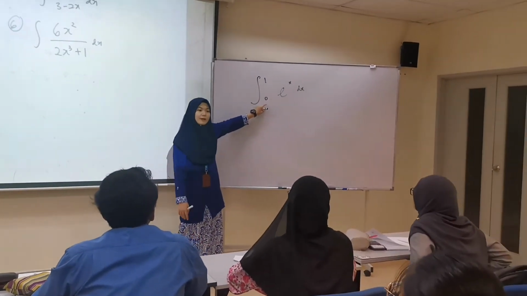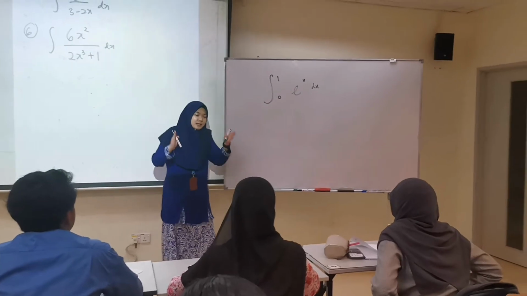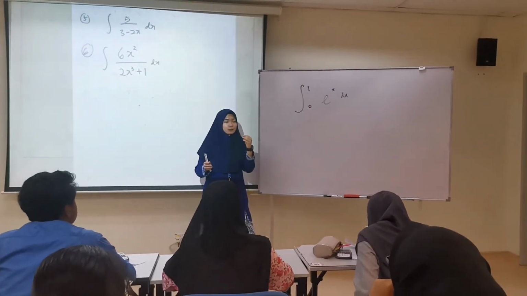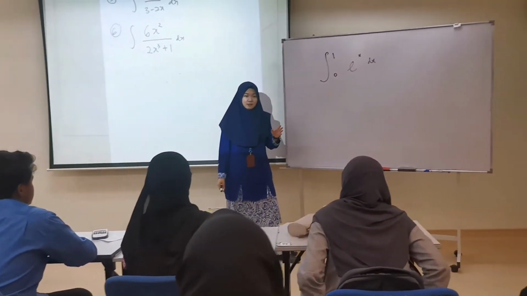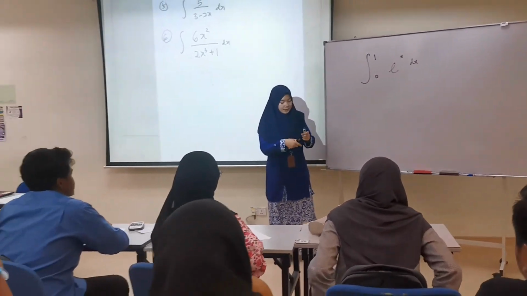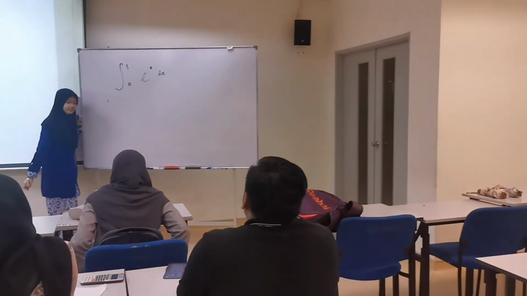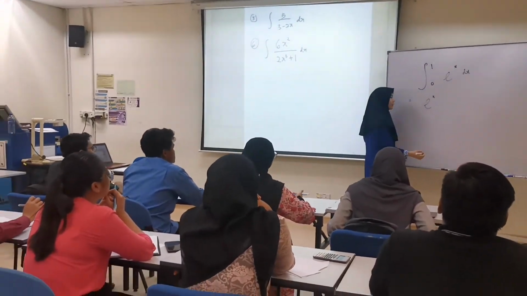Does someone know what these numbers are for? The range. In a graph, if you need to find area or volume, you will use it, right? So simply, we learned that integrating e to the x becomes e to the x. Why is there no plus C?